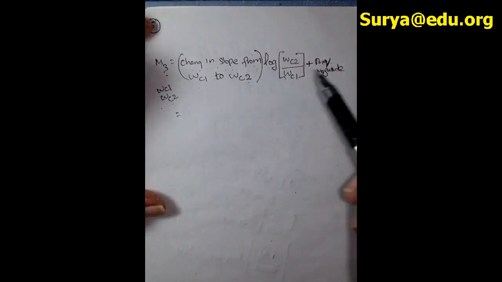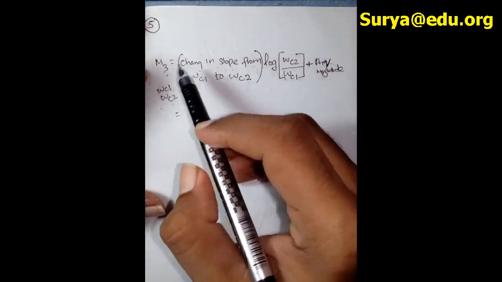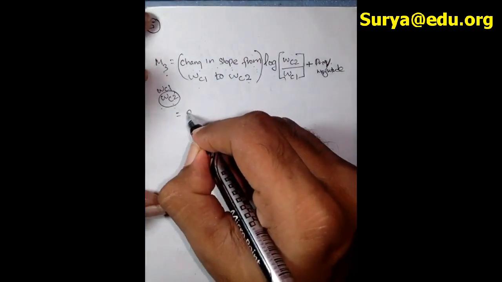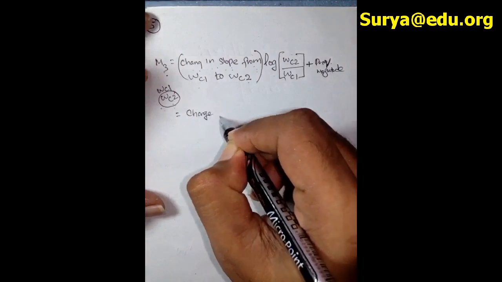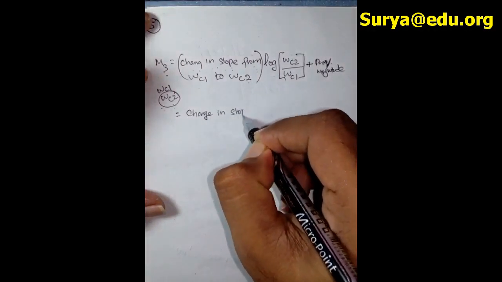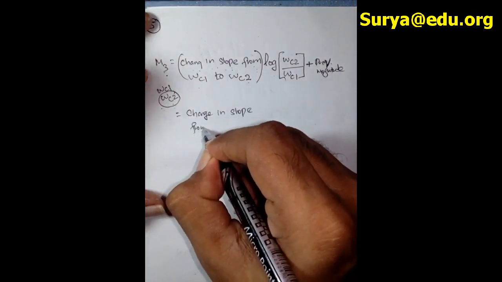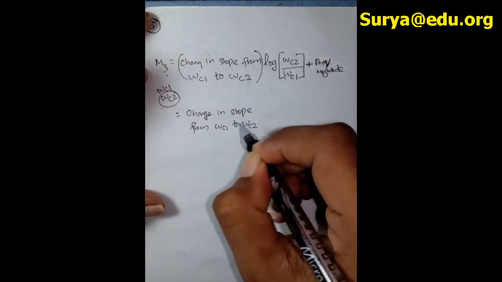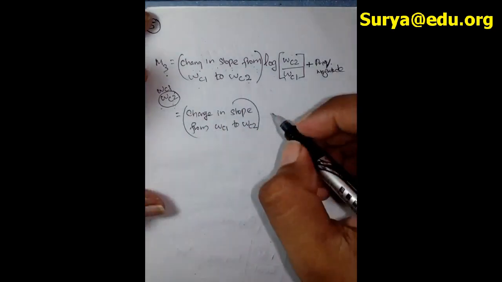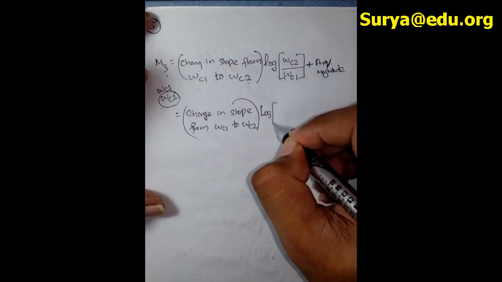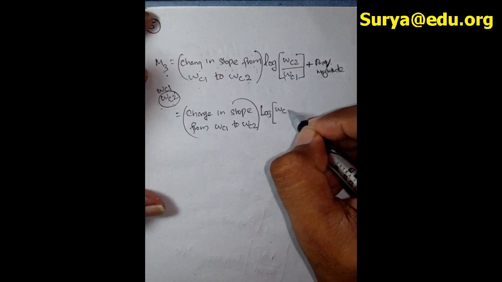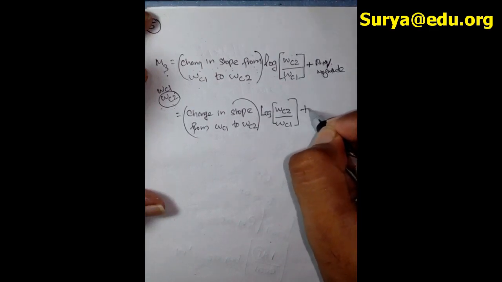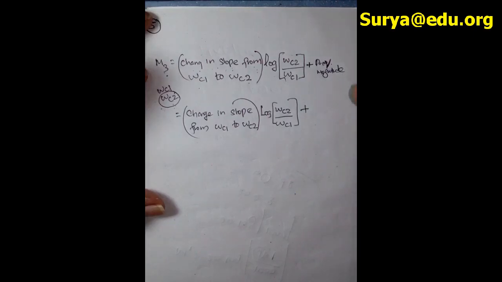It's very easy. We are going to find M3, which is related to the frequency omega c2. That means the change in slope from omega c1 to omega c2, times the logarithm of the current frequency omega c2 divided by omega c1, plus the previous magnitude that you have calculated.